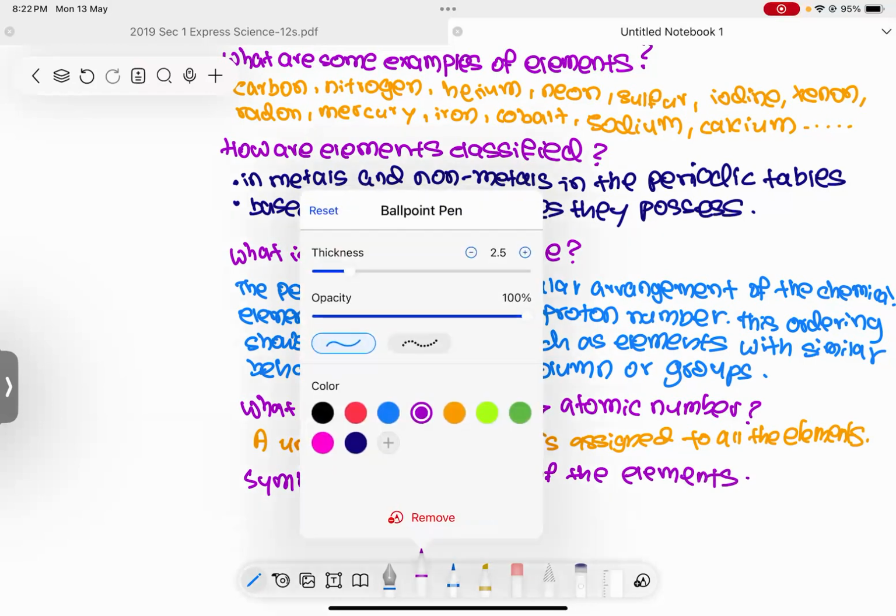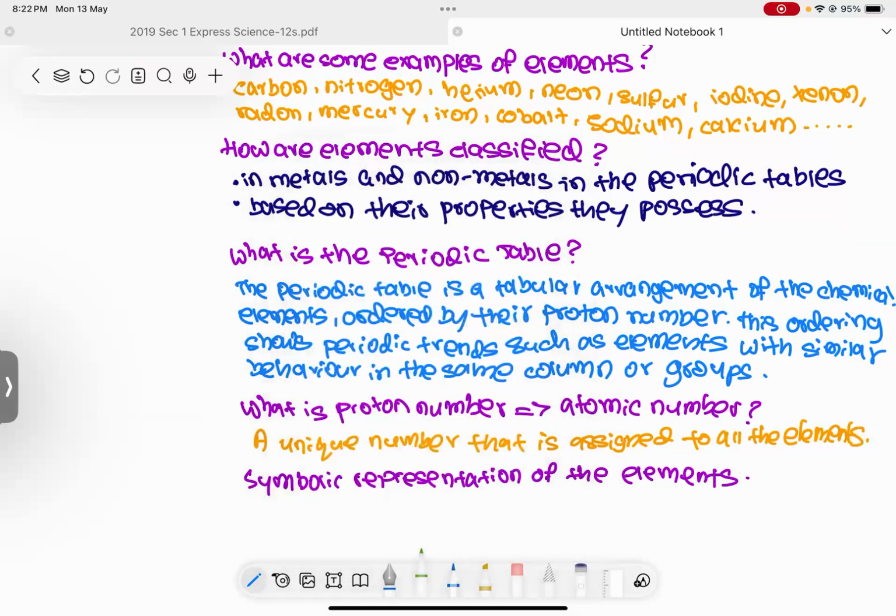So, firstly, the first letter is written as a capital letter.